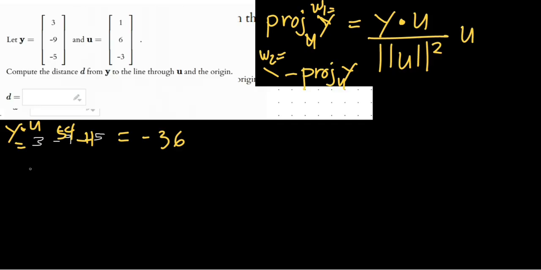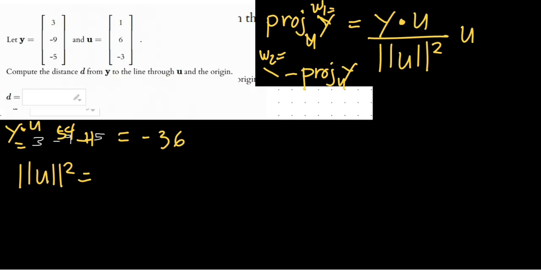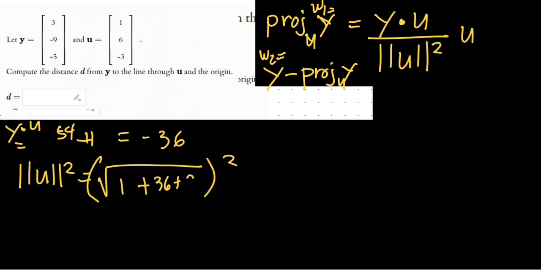And now we find the square of the magnitude of u. From the formula, that is the square of the square root of 1 squared, 1 plus 36 plus 9.